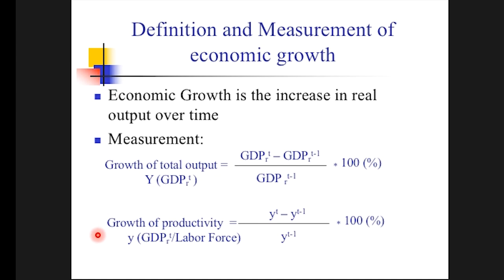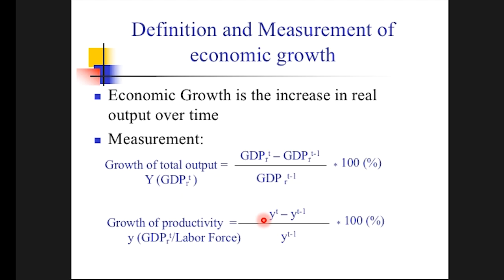Another way to measure growth is the growth of productivity. Productivity is GDP per labor, or the number of goods and services produced by one worker, so we take real GDP divided by the labor force.